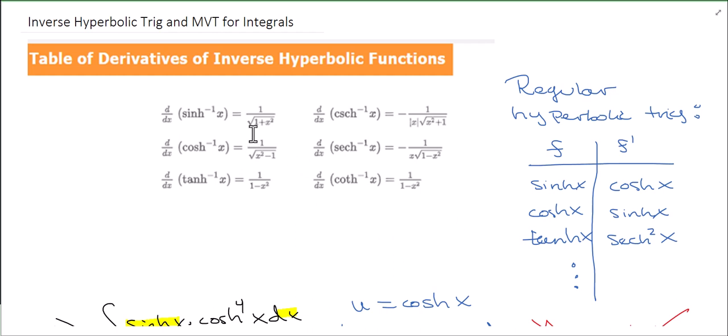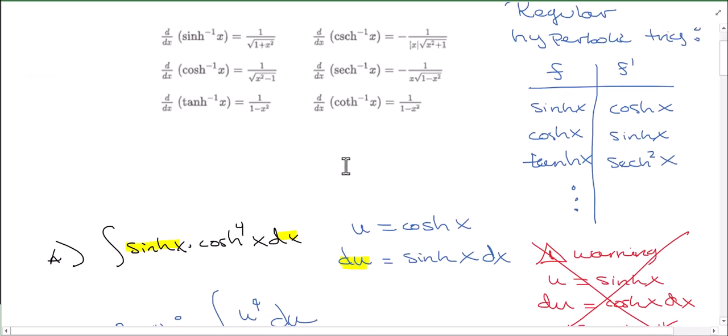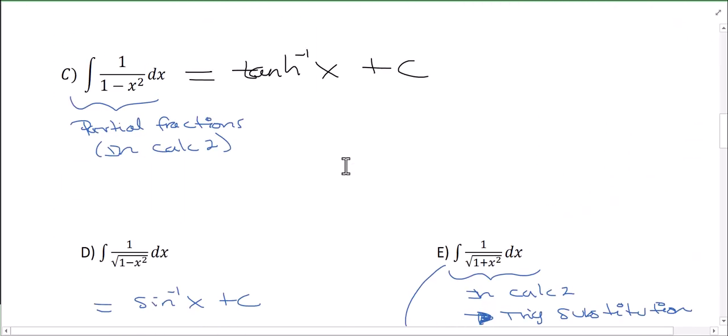And the same thing here for hyperbolic inverse sine and hyperbolic inverse cosine. Oftentimes they require trigonometric substitution, but if you know that these are the derivatives of hyperbolic inverse functions, then you can save yourself a lot of work.